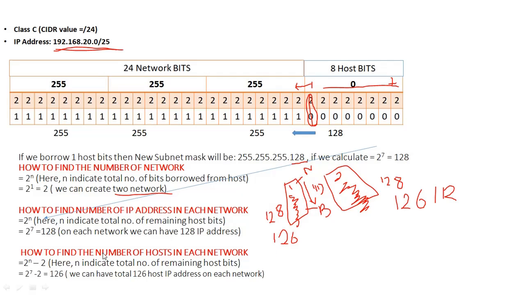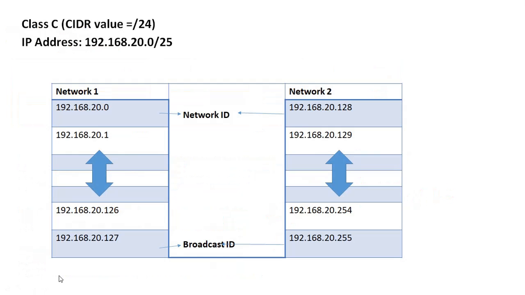And here you can see the number of host IPs, which is 126. From 192.168.20.1 to 126, these are our host IDs. So from the overall information, I think you have learned what network ID and broadcast ID are.